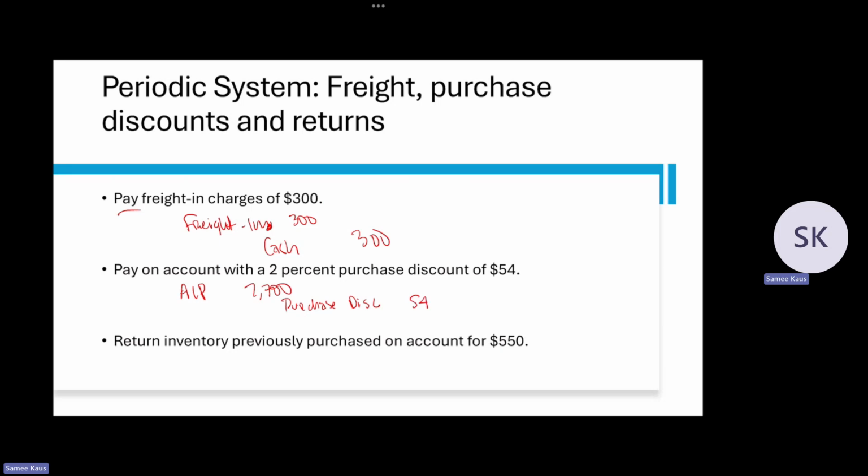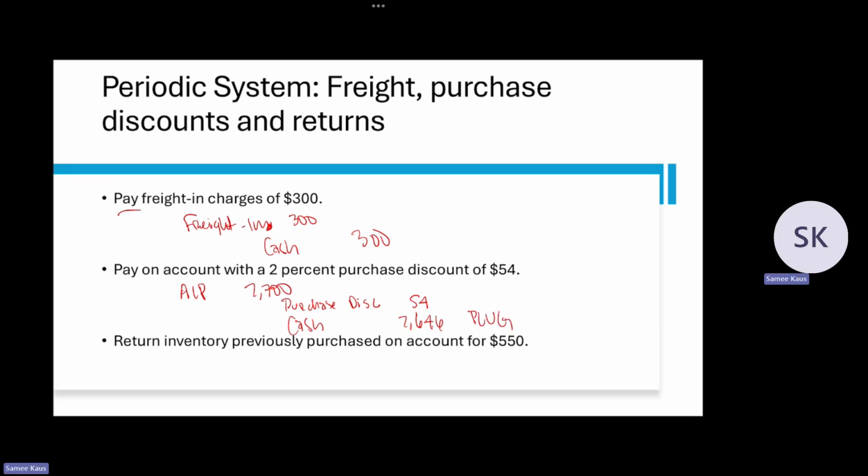Remember, under perpetual I just hit my inventory account directly. Well, I haven't messed with inventory at all under periodic. I haven't established any inventory, so I don't have an inventory account to adjust. I hold it in my purchase discount temporary account, and I recognize the cash going out the door for 2,646, which is simply a plug figure.